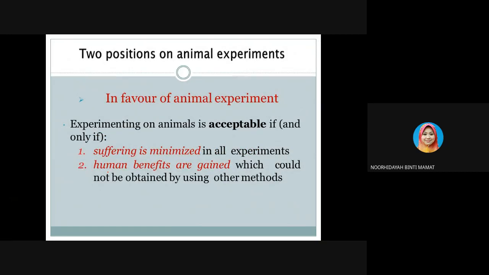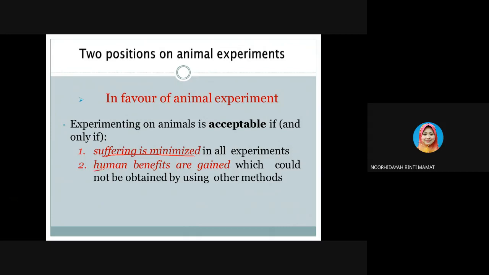There are two positions on animal experiments, the first in favor of animal experiments. They say experimenting on animals is acceptable if, first, suffering is minimized, which means experimenting on animals can be accepted if the suffering of the animal is minimized in all experiments.